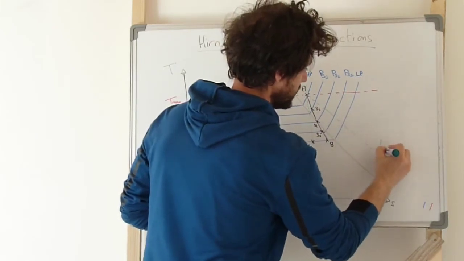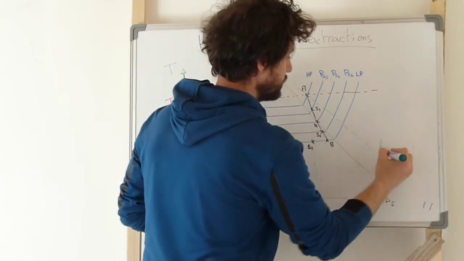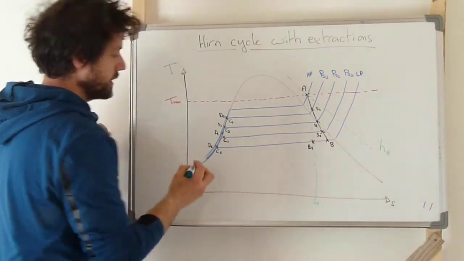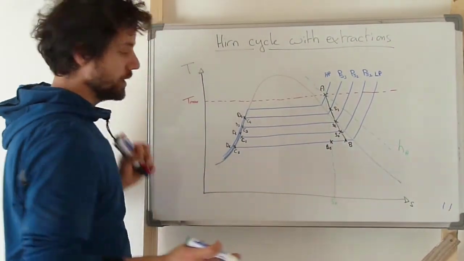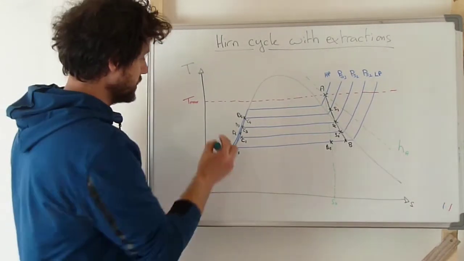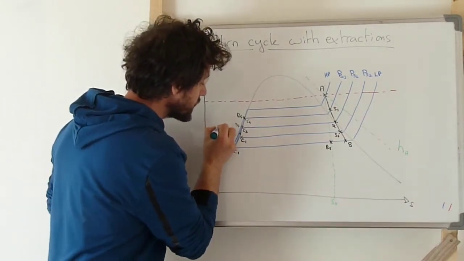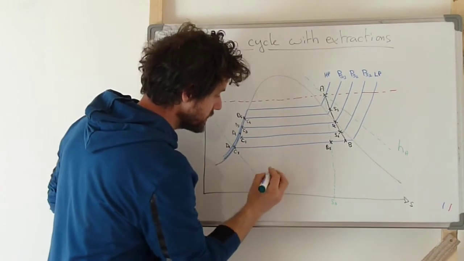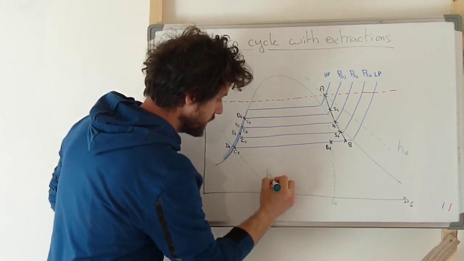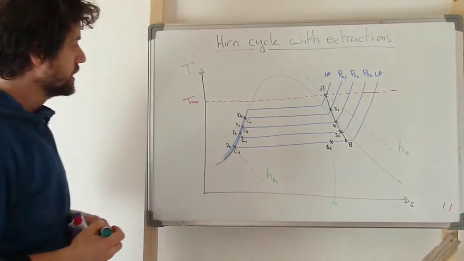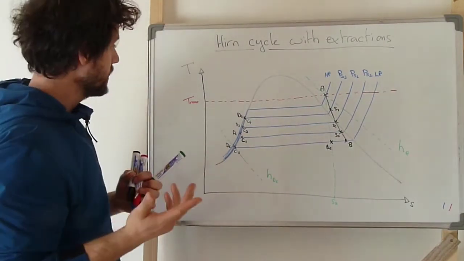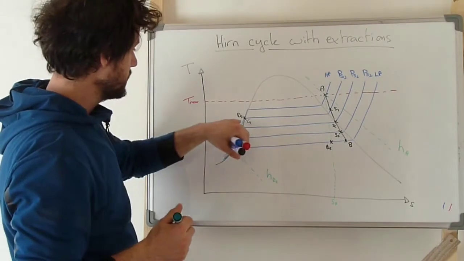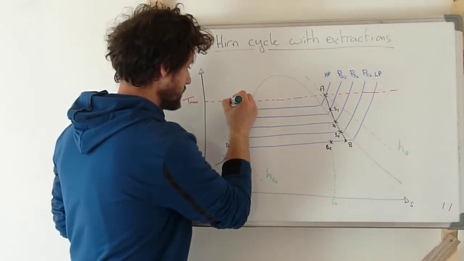So that will be the specific enthalpy of point A, and similarly, the one that is crossing point D1 will be like this, the specific enthalpy of point D1, and the specific enthalpy of the fluid entering the vapor generator, so at D4, will be like this.